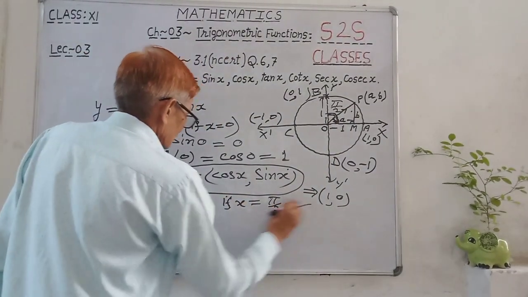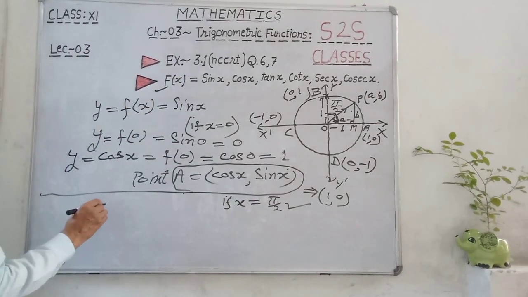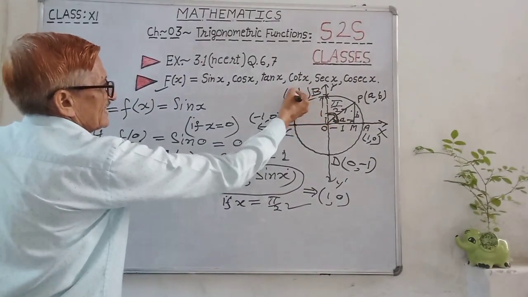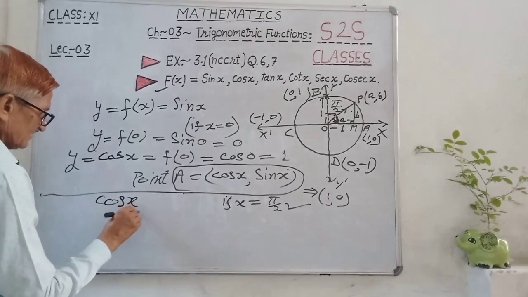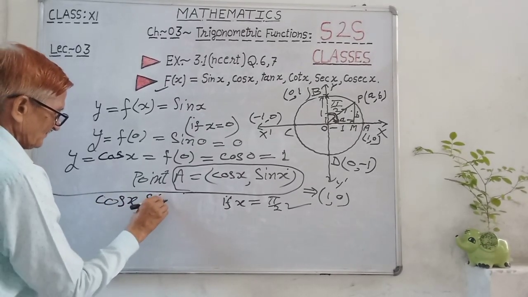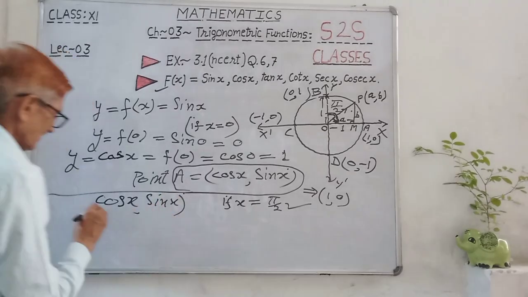If angle this, so what is the position of cos x? You check cos x comma sin x, okay.